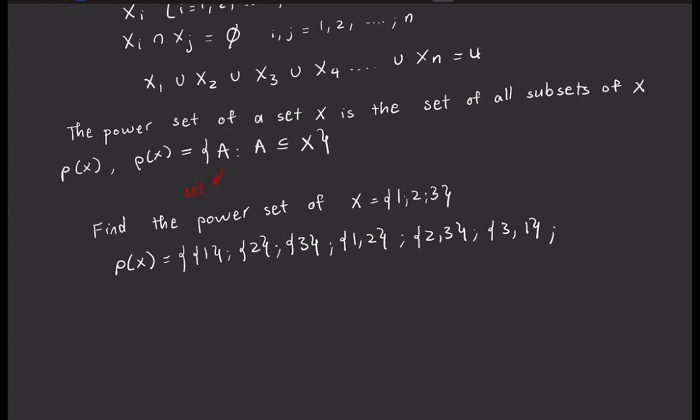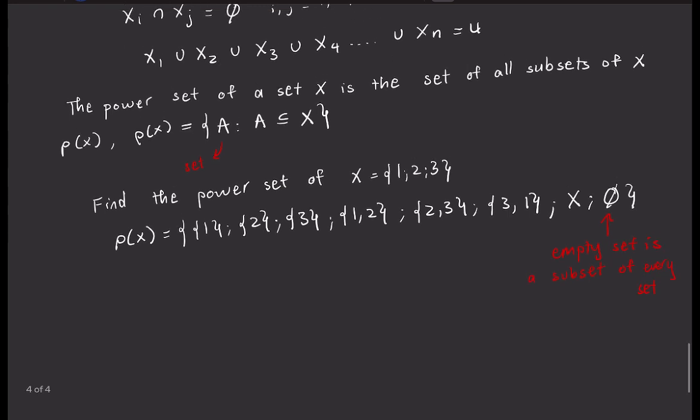And then every set is a subset of itself, so we're going to have X also as a subset, and the empty set is a subset of all sets. Note here that the empty set is a subset of every set.